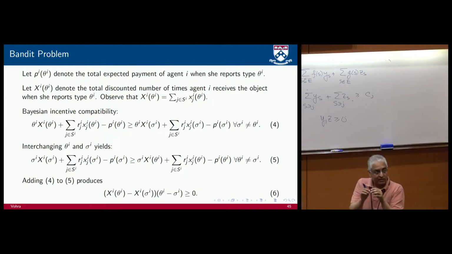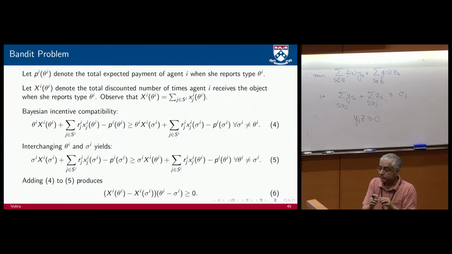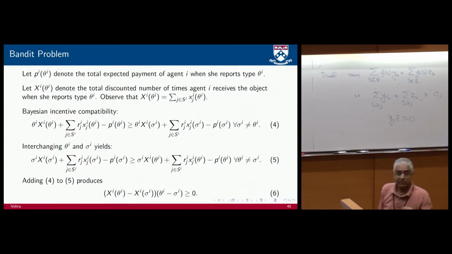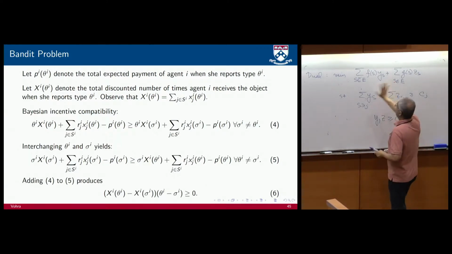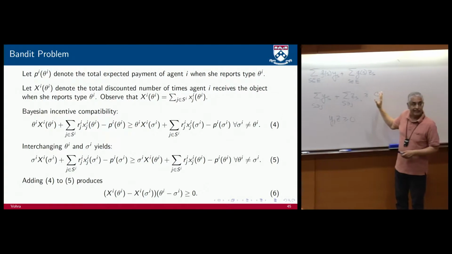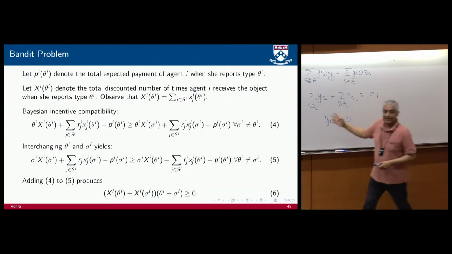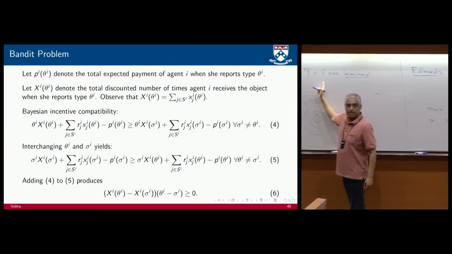Y1 was positive, Y12 was positive, Y123 was positive, Y1234 was positive, and then 0, 0, 0, 0. So there was a dual solution that had the property that calligraphic F was laminar. Fix the Y, take it over to the other side. Repeat the argument for the Z.